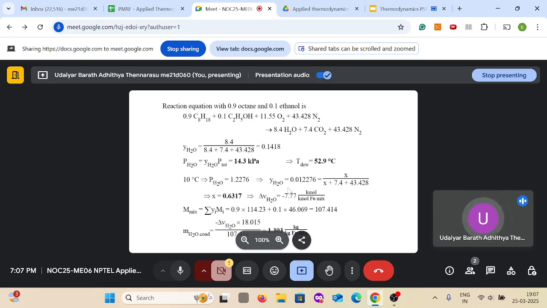So initially we had 8.4 moles of water, out of which the rest condensed, and we are left with 0.6317 moles of water. So the change in moles is 7.77 moles, which has condensed. So we need to first find out the molar mass of the fuel mixture.